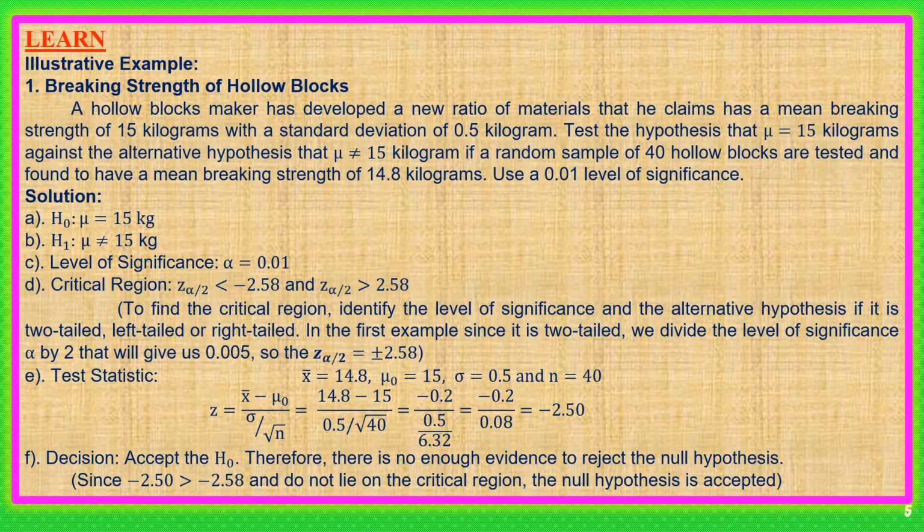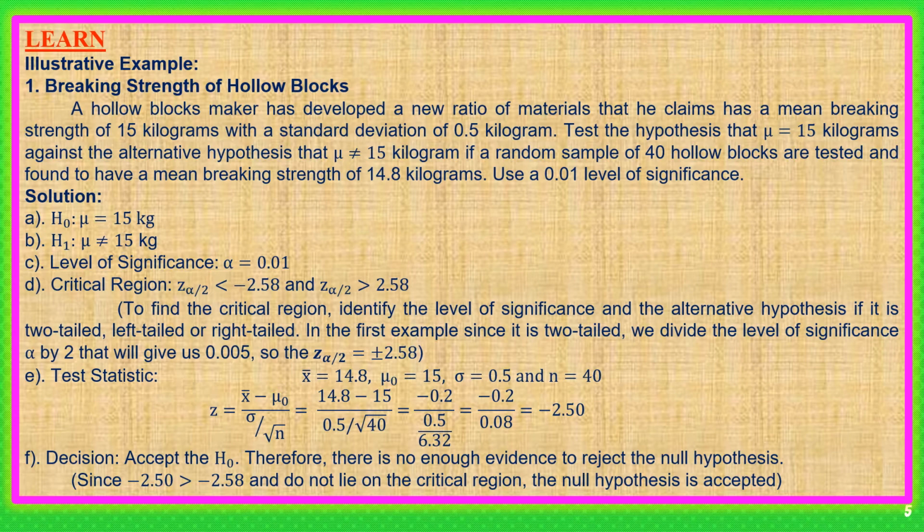So that is equal to 14.8 minus 15 all over 0.5 divided by square root of 40. So that will give you negative 0.2 divided by 0.5 over 6.32, and that is equal to negative 0.2 over 0.08, and that is equal to negative 2.50.